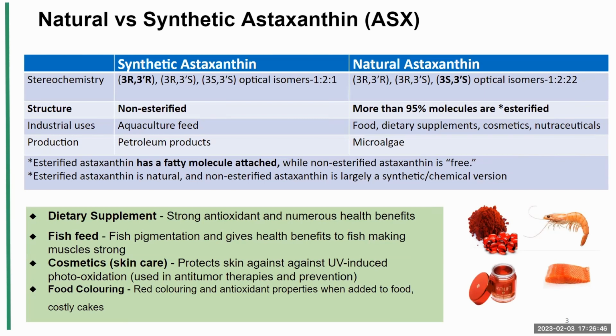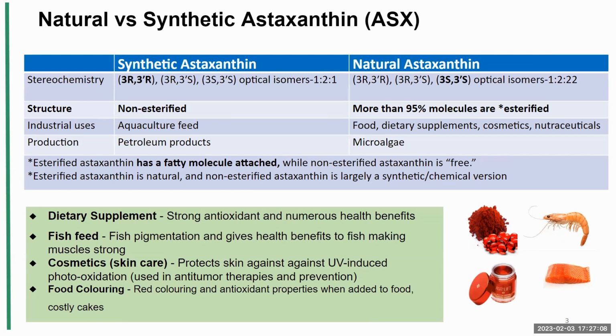So what does esterified astaxanthin mean? It means that it has a fatty acid molecule attached, while non-esterified is free. Esterified astaxanthin is natural, whereas non-esterified comes either through synthetic or chemical conversion.